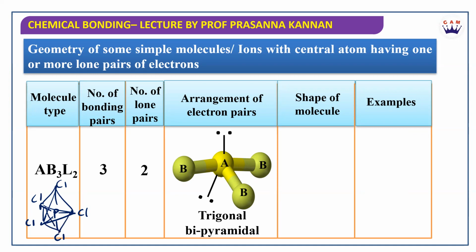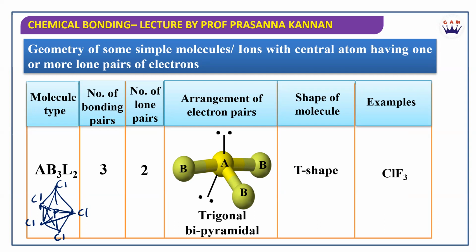So trigonal bipyramidal is the structure including the lone pairs, right? But it will end up being a T-shaped molecule. Why is it so? We'll see that. Example is chlorine trifluoride. Okay, we are going to see here.